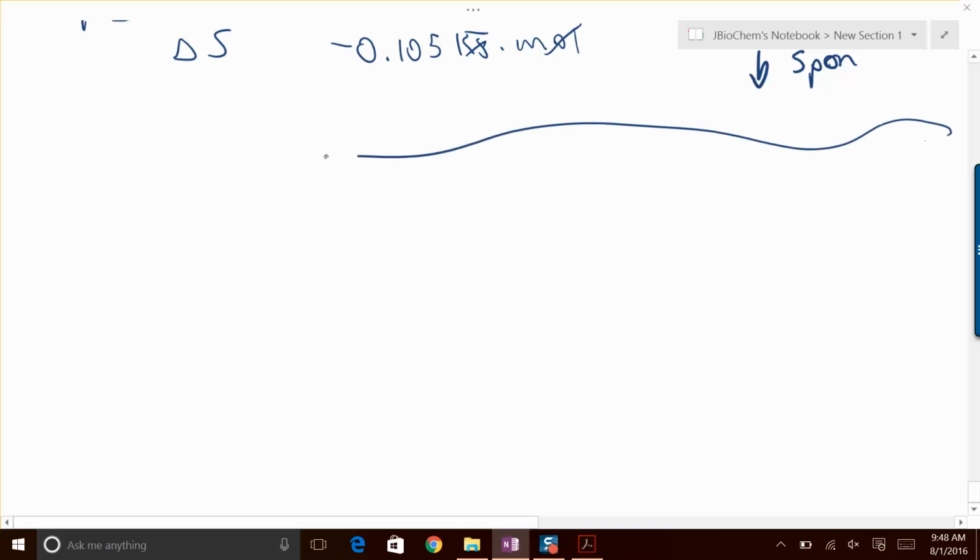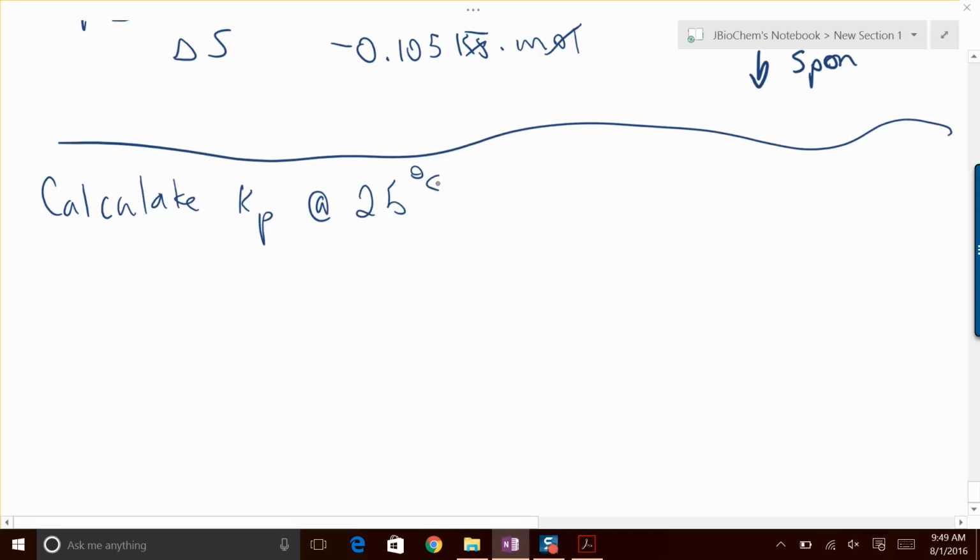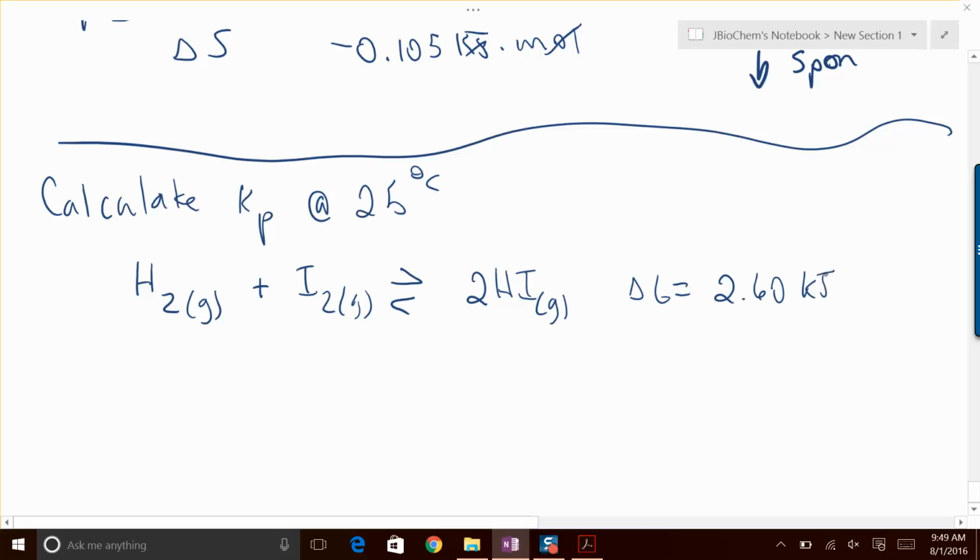Okay, another type of question. Calculate Kp at 25 degrees Celsius.